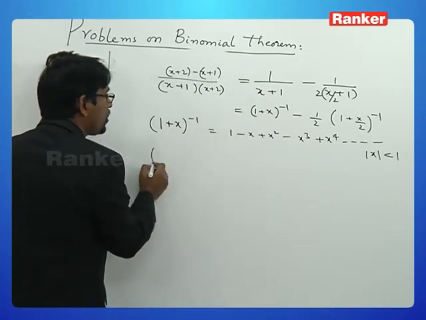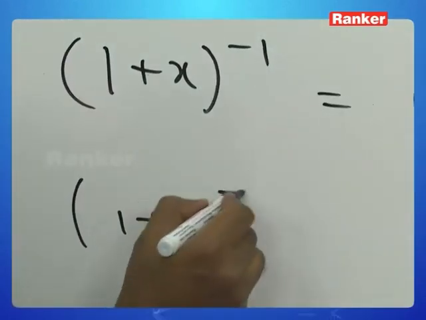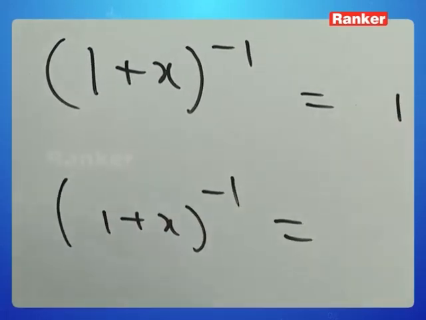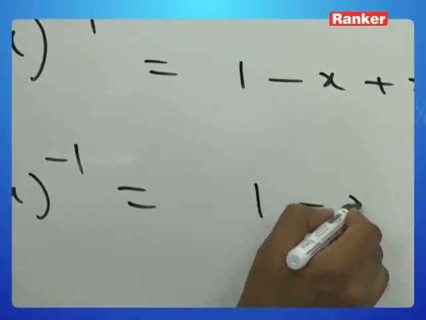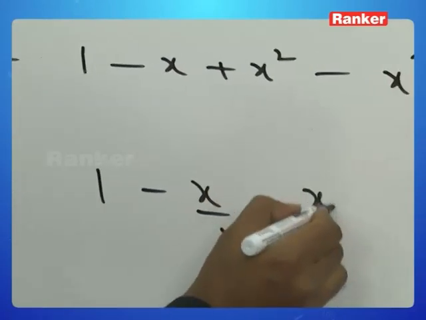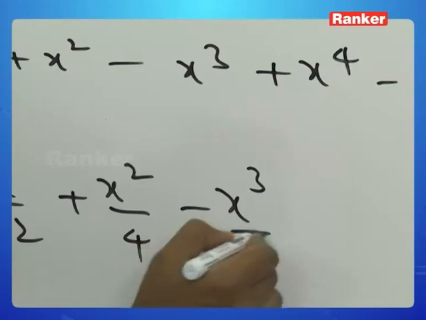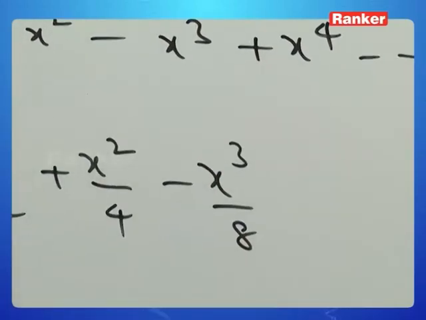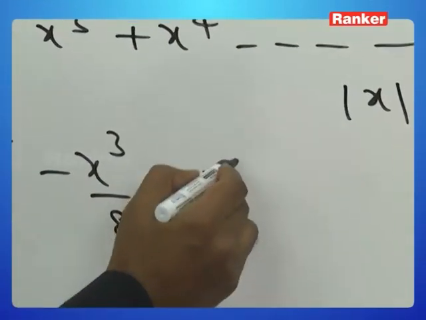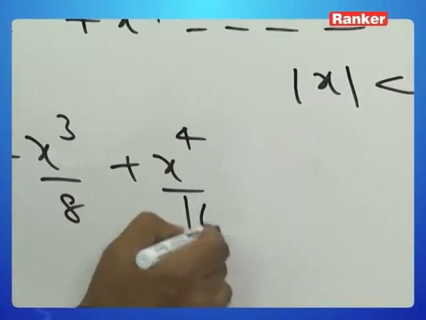Now, what about (1 plus x by 2) raised to the power minus 1? That's going to be having 1 minus x by 2 plus x square by 4 minus x cube by 8, 2 cube there, and plus x power 4 by 16, and so on and so forth.